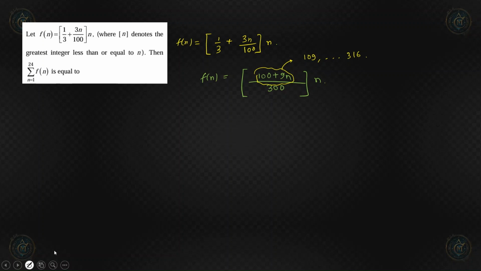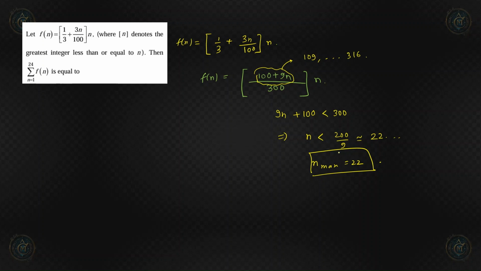So let us calculate the value of n first. We can say 9n plus 100 less than 300, okay, that means n less than 200 divided by 9. That means almost we can say 22 point something, right? That means n max should be equal to 22.